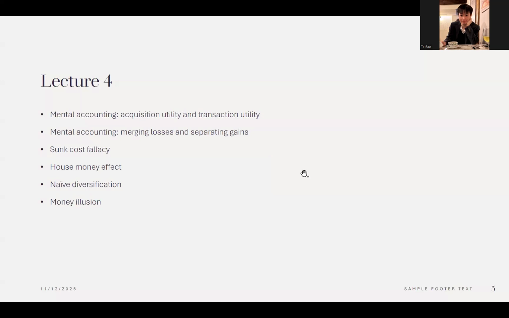Okay, and then lecture four, we talked about mental accounting. We started with the example of acquisition utility and transaction utility. You remember, you want to buy a bed sheet, and there can be double, queen, and king sizes.